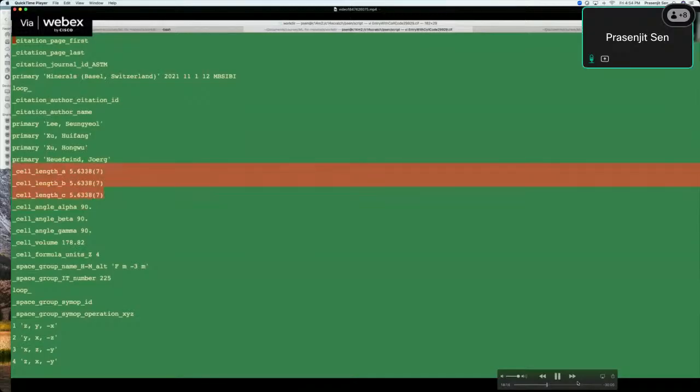Because this is a cubic system, all lattice constants have equal length, 5.63. Then because it's a cubic system, all lattice angles are 90 degrees. It will give you the cell volume. Okay, there are 4 atoms in the unit cell.